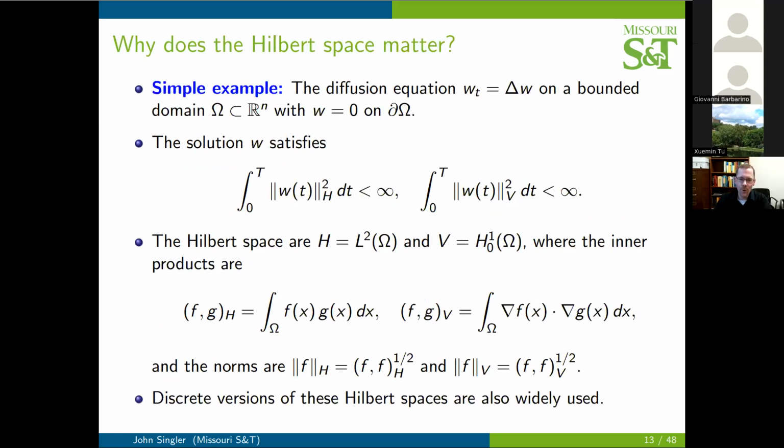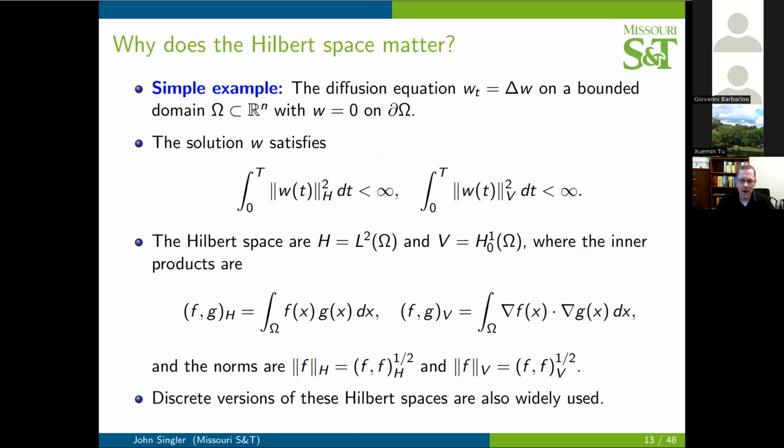So, why do we care about different Hilbert spaces? Again, I know for many of you this is review, so please forgive me. I'll go through it quickly. Take the heat equation, or diffusion equation, on a bounded domain. The solution is square integrable in time, and it takes values in two different Hilbert spaces, L2, the square integrable functions on the domain, or H10.